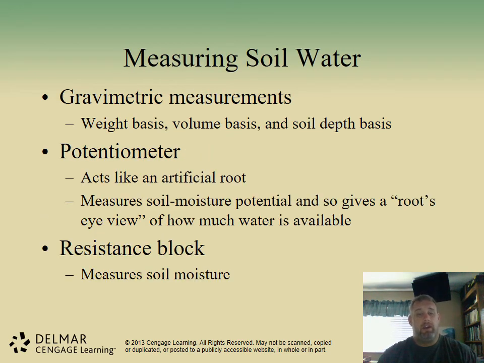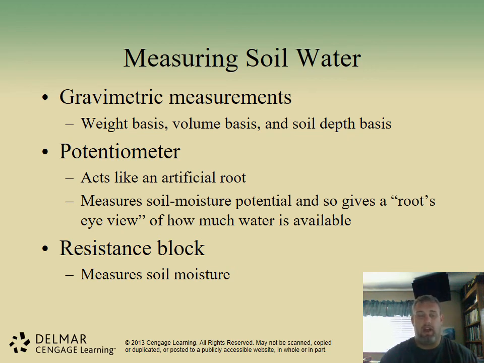So, coming back to measuring soil water, we have gravimetric measurements, which are based on weight and volume. This goes back to your particle densities and your bulk density, and we can start to understand how much water we are able to hold within a certain soil. We also have some materials that can be used.